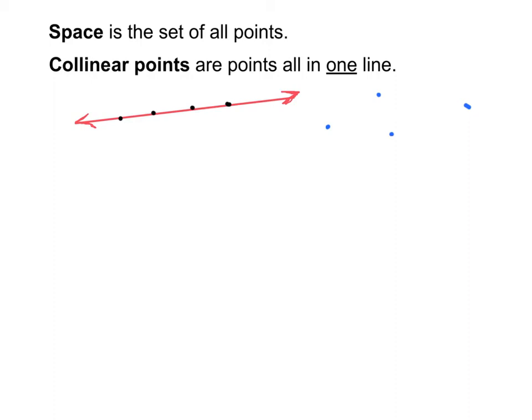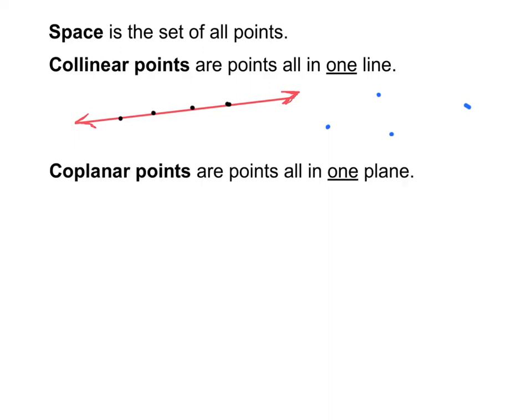Now these blue points, however, are not in one line, and so they are considered to be non-collinear points. Now, coplanar points are points all in one plane. If you've got points that are in multiple planes, then they are considered to be non-coplanar points.